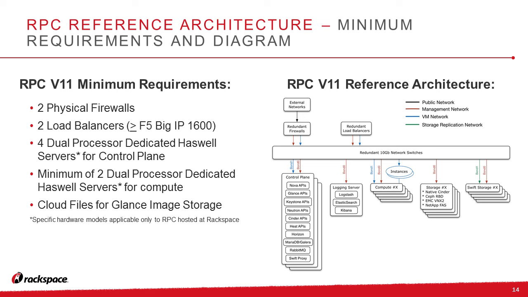As a minimum footprint, we mandate 2 compute nodes, and then as a bare minimum, we can use the Cloud Files public cloud service for Glance image storage. At Rackspace, we have specific hardware models which fit into these groups, but these are the sort of loose specifications.